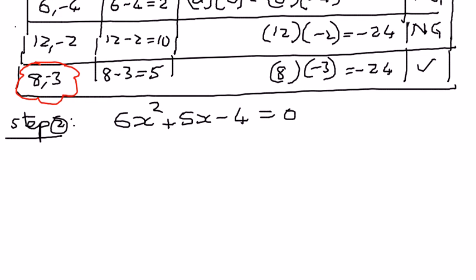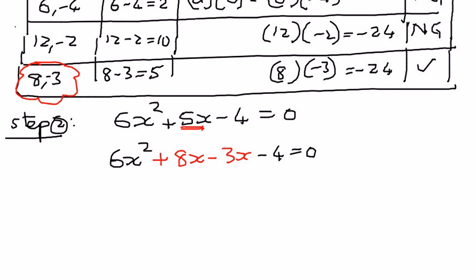The way to do that is as follows: 6x to the power of 2, instead of 5x I can write this as plus 8x minus 3x. 8 minus 3 is 5. Since we have 5x, I'm expanding it out as 8x minus 3x. These 8 and 3 are coming from the trial and error process which we have just looked at in step number 1. And then minus 4 is equal to 0.